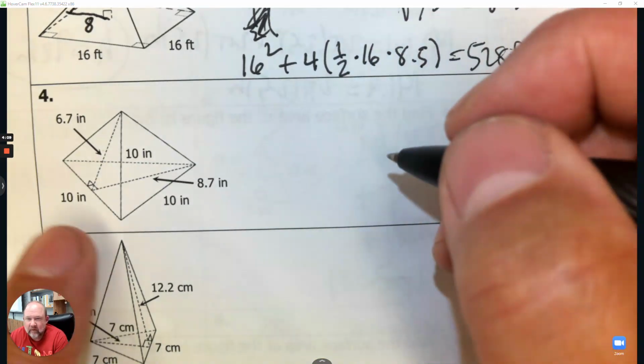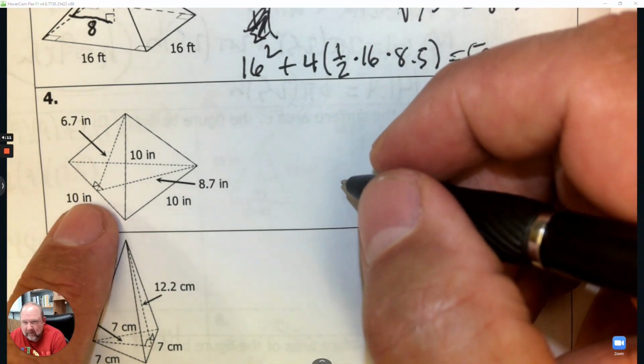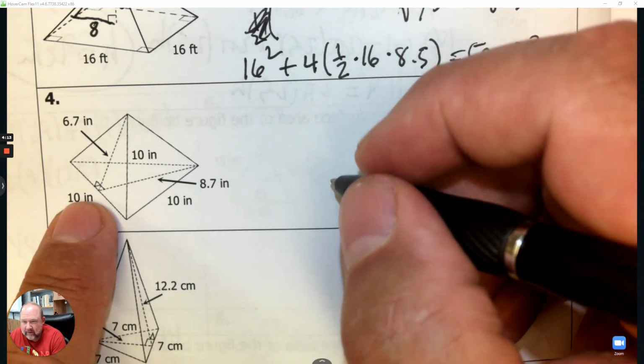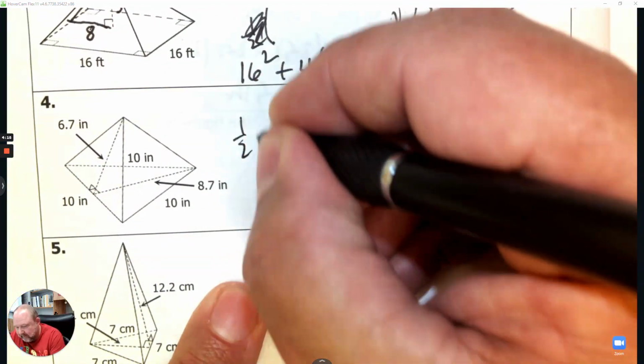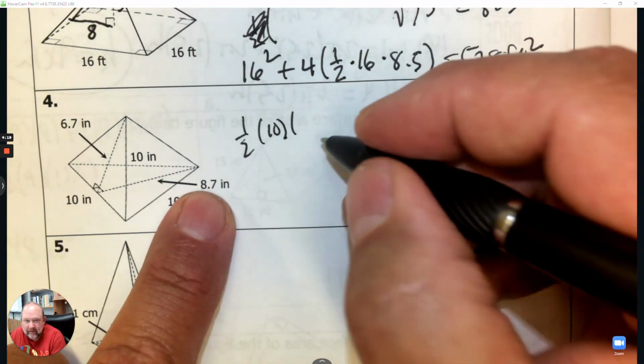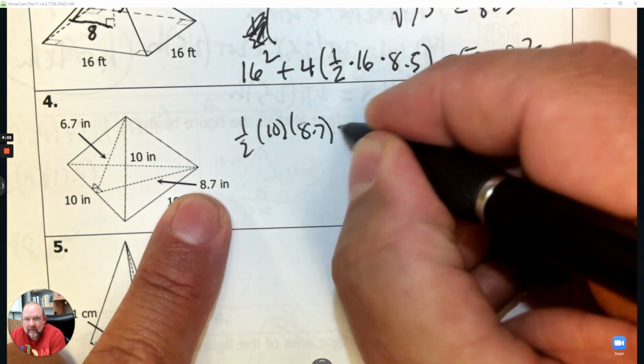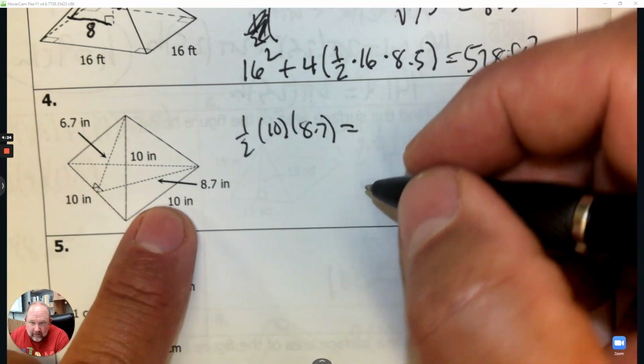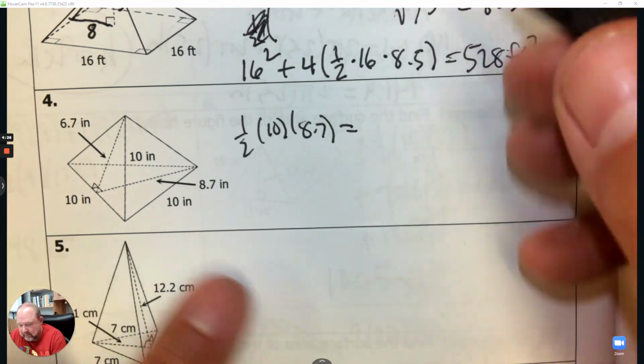All right. Fun diagram. Okay, so here the base is a triangle. So to find the area of the base, half the base times the straight up height of the base, which is 8.7. This is an equilateral triangle, so all the side triangles are the same shape.